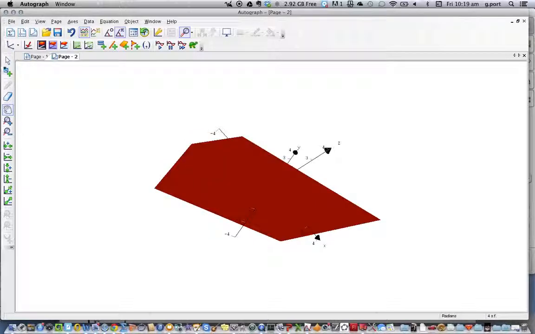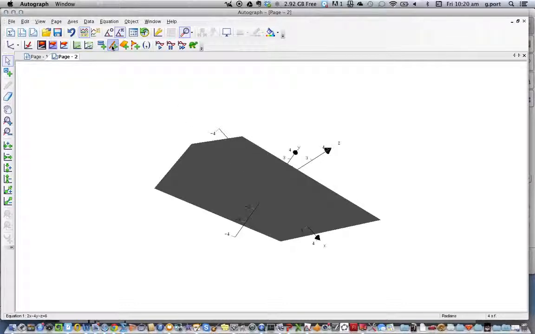This plane here, if I have a look at it, the equation of this plane here is 2x minus 4y minus z equals 6. So the normal to this plane would be (2, negative 4, negative 1).